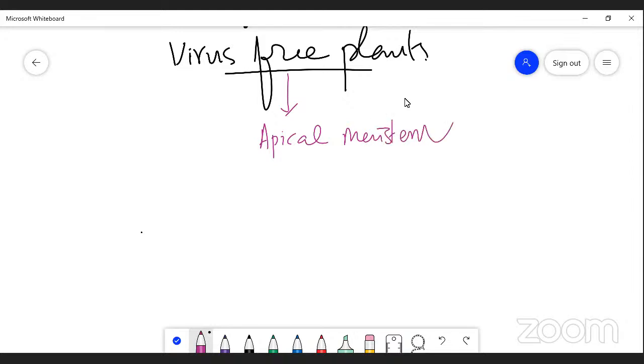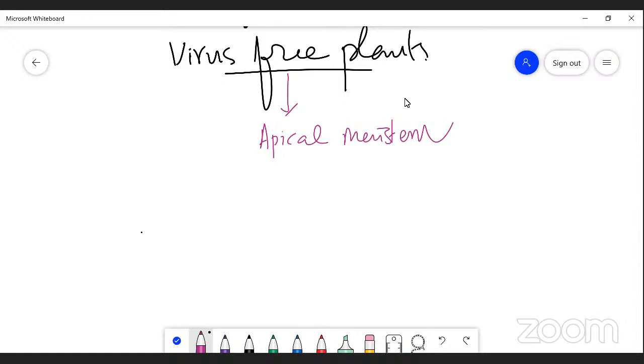What is apical meristem culture? Apical meristem culture is a kind of plant tissue culture by which we can develop virus-free plants. That means plants are produced without infection of the pathogen, right? That is called a virus-free plant. The plant cannot be affected by virus particles, right?